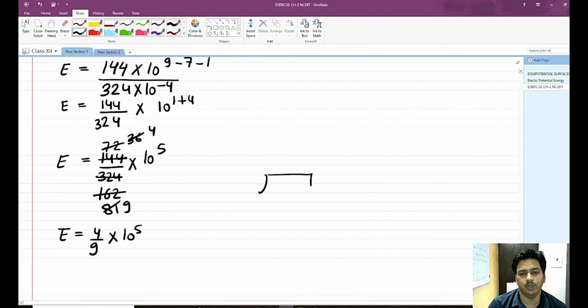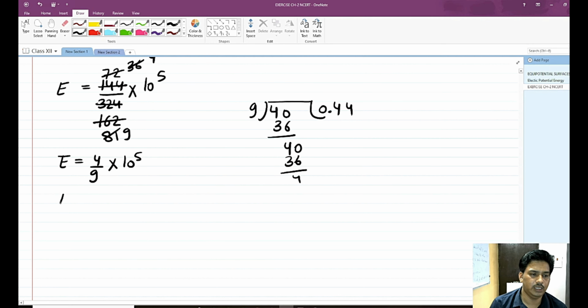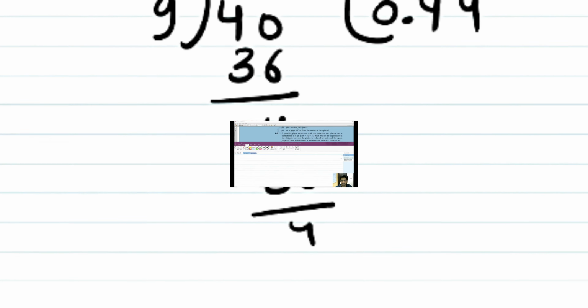Now we are going to divide 4 by 9. So it is 0.9 fours are 36. So the result is 0.44. E is equal to 0.44 into 10 to the power 5.